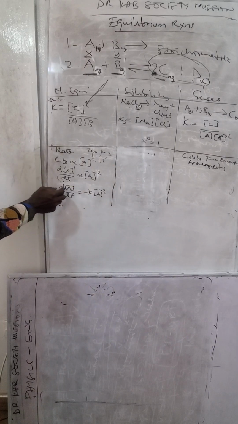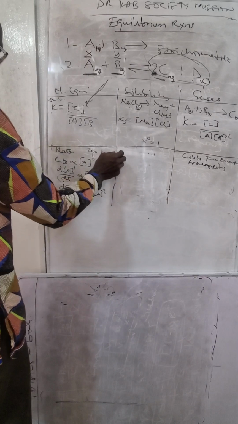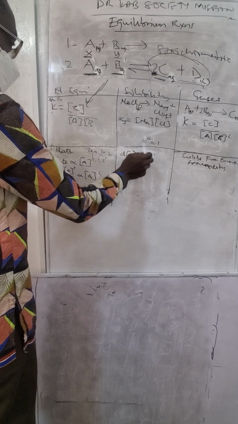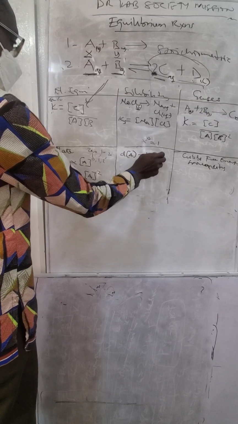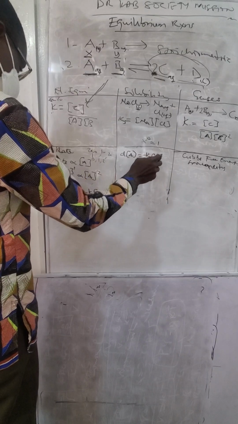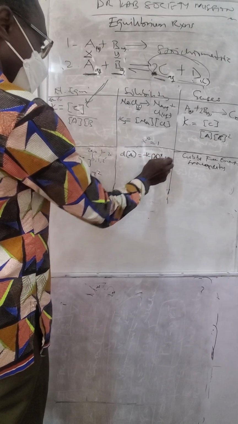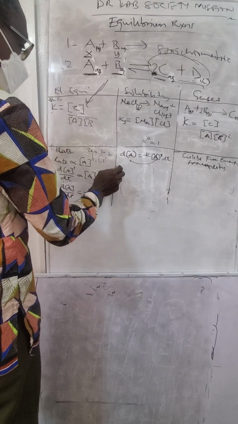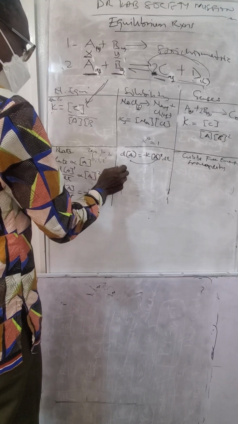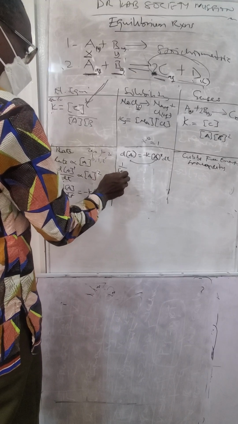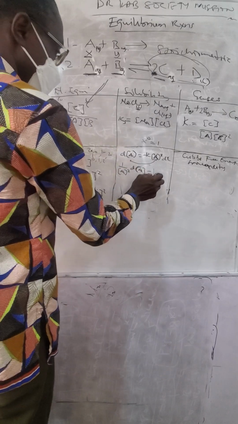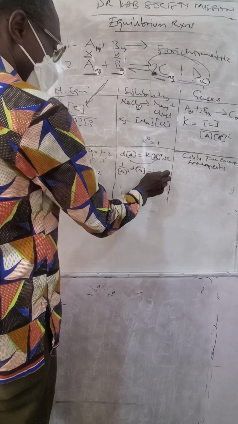We bring A here, so dA is equal to negative k A squared times dt. Now let's bring this one to this side. It is multiplying, so it becomes a divide, so we have 1 over A squared dA equal to negative k dt.